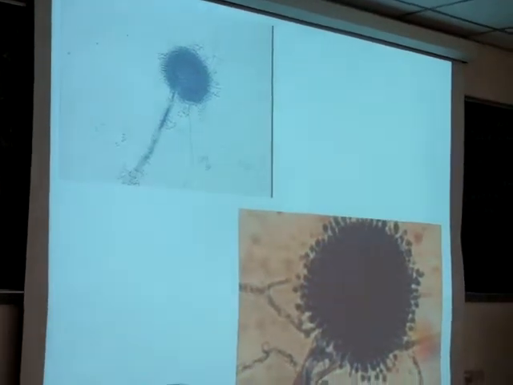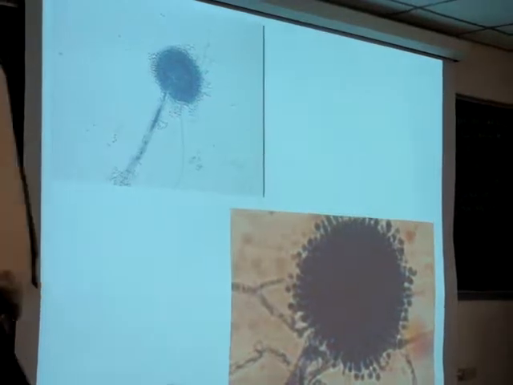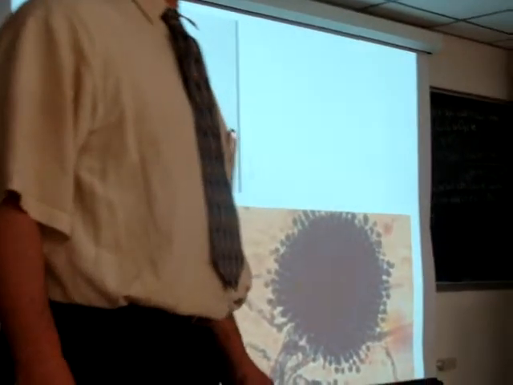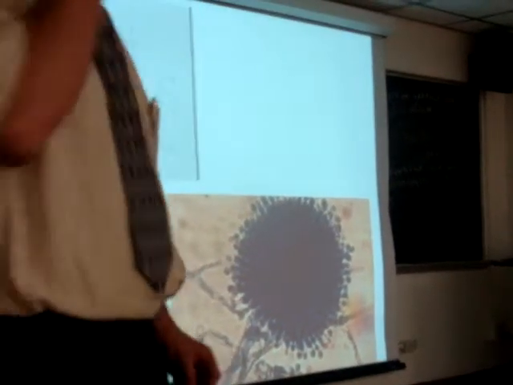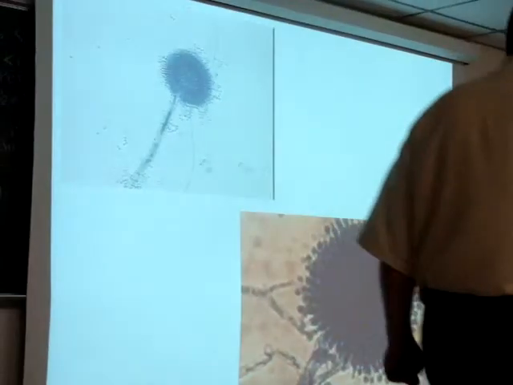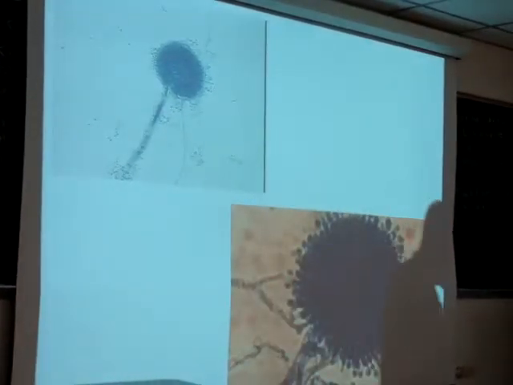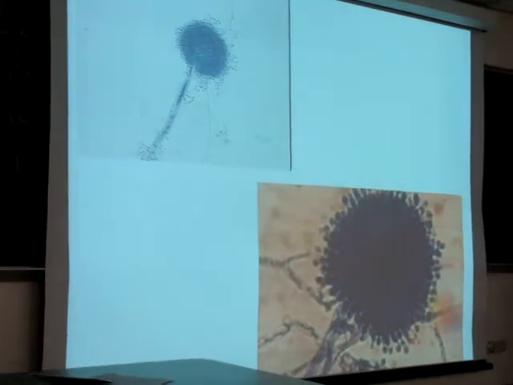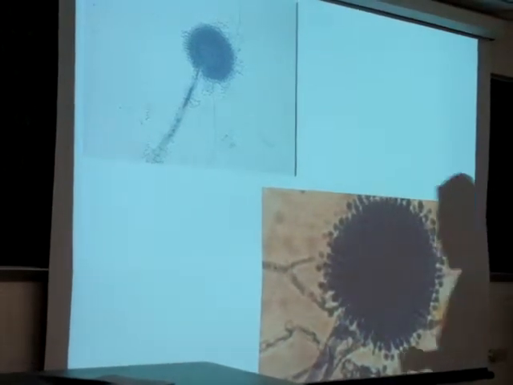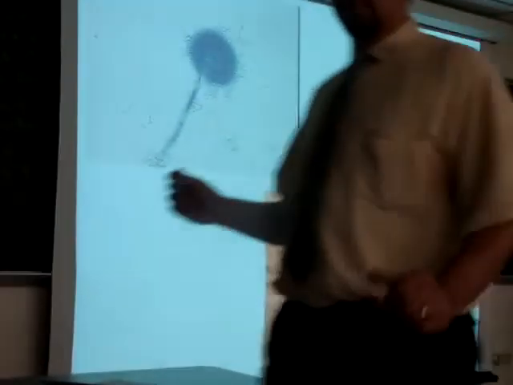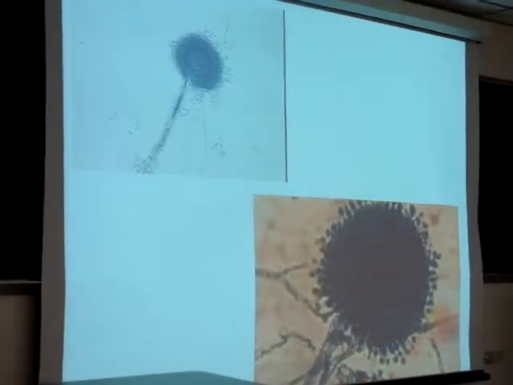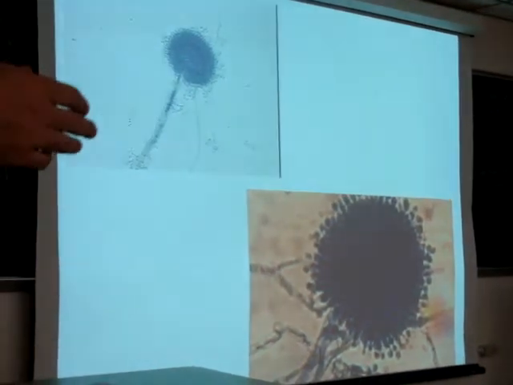When you're seeing these funky little shapes with little bulbs and buds, you should be thinking fungus among us. This is aspergillus, actually. I could be wrong. I would say that, yeah, this is aspergillus.